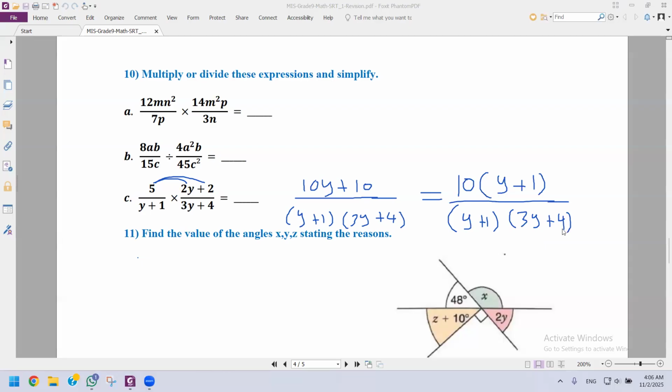Now, not surprisingly, we must have two similar brackets. Y plus 1, y plus 1. Since I already factorized, I make it multiplication. I can cancel the whole bracket with the whole bracket. So the answer will be 10 over 3y plus 4. That's it.